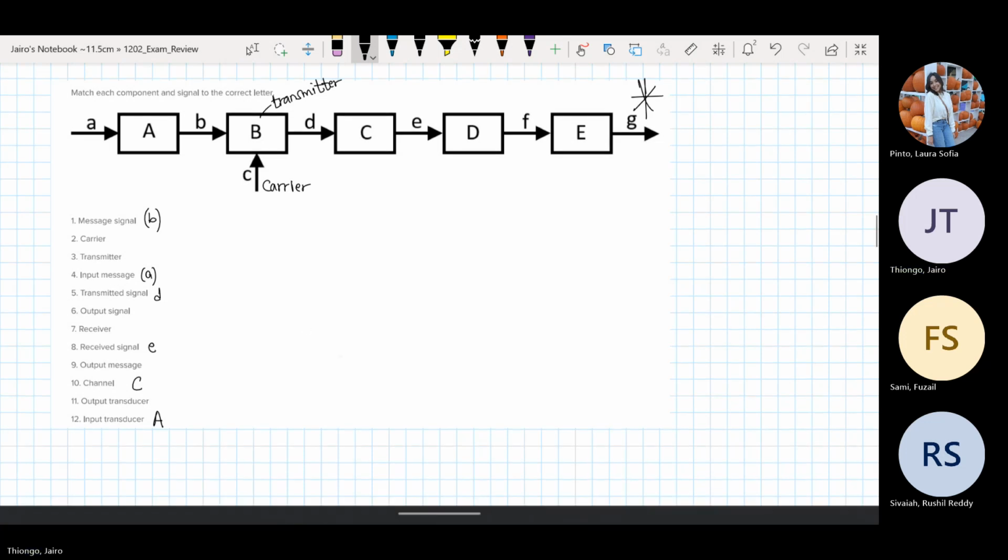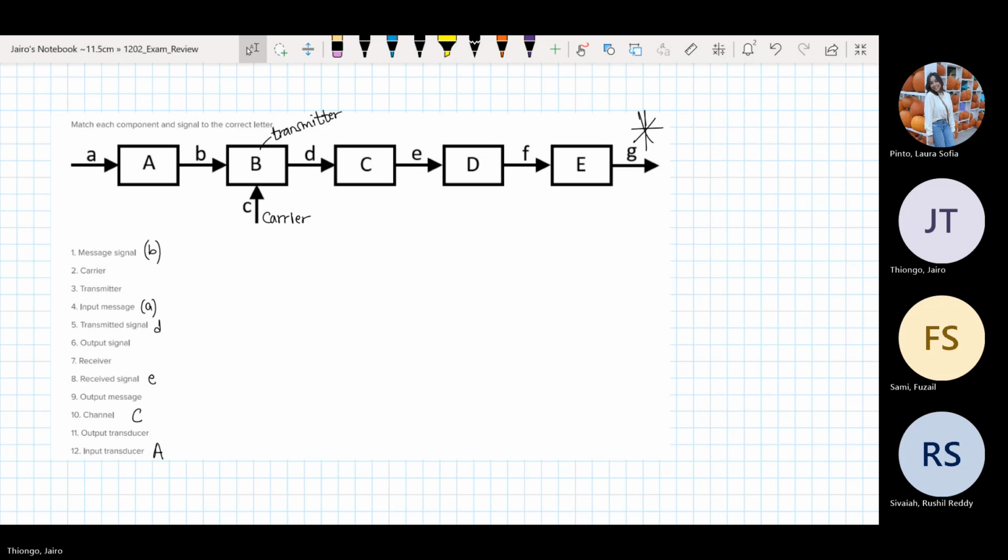And then we have, for D, it's the receiver. Then we have F is the output signal. Then uppercase E is the output transducer.